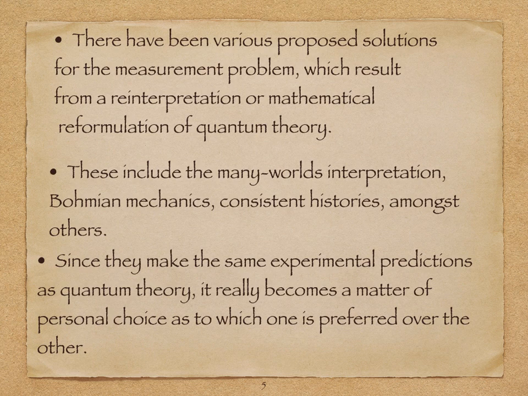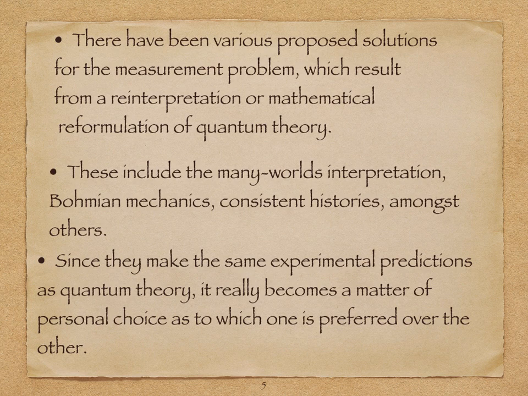Okay, so let's come back to the measurement problem. There have been various proposed solutions for this problem. We talked a little bit about this. These result from a reinterpretation or a mathematical reformulation of quantum theory. So these proposed solutions include the many worlds interpretation, Bohmian mechanics, consistent histories, and others.